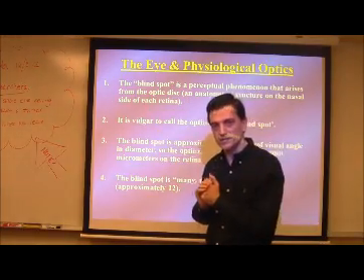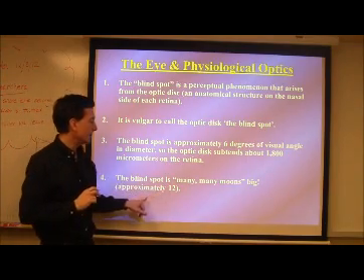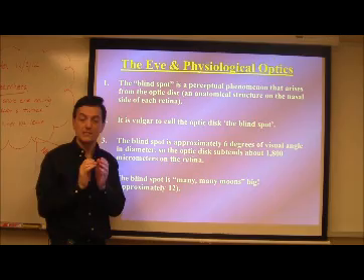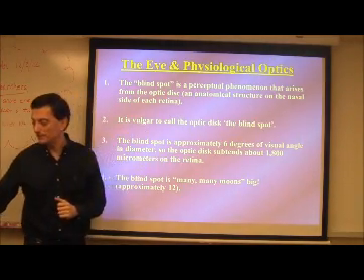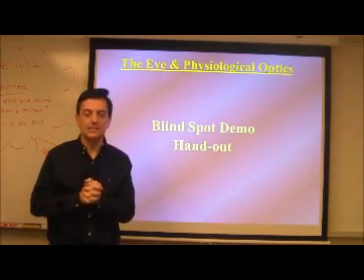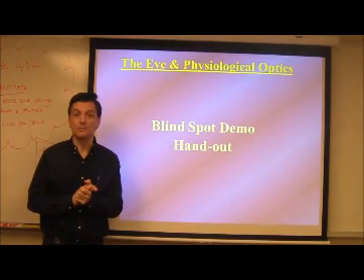That's how small it is, just half a degree of visual angle. So approximately 12 moons would be the size of your blind spot perceptually, or your optic disc anatomically. And we'll have in class a nice handout on the blind spot, and we'll do a couple of demos finding our own blind spot.